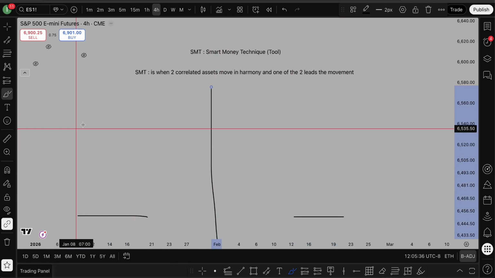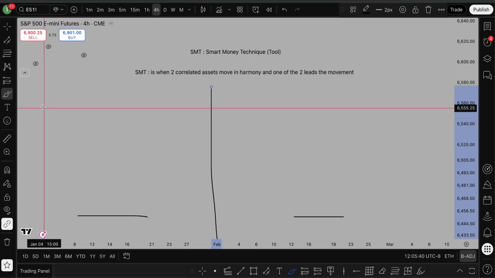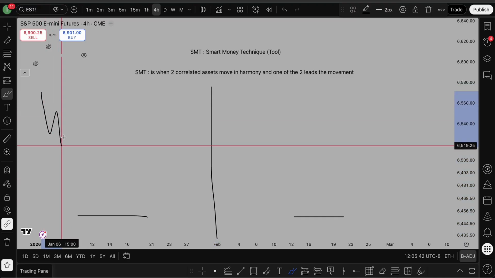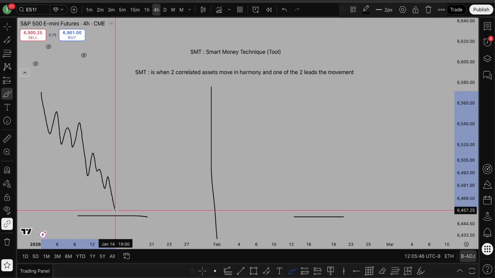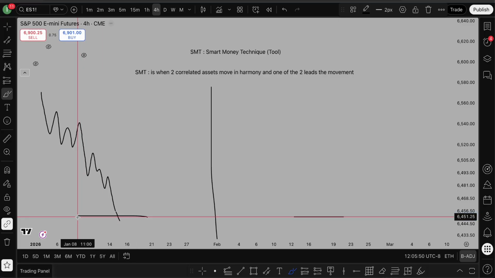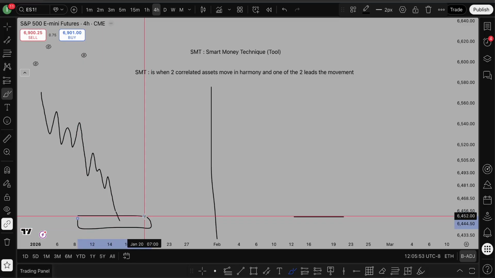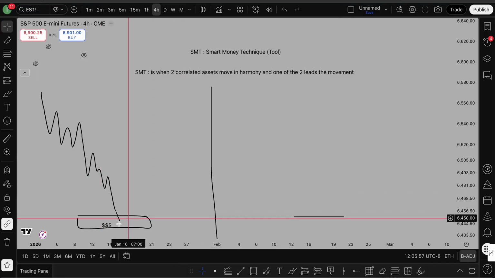So I'm going to split the screen, and let's say that we were doing something like this, and we were trending lower, and we ended up taking this liquidity pool out. I'll just mark this out with a dollar sign.